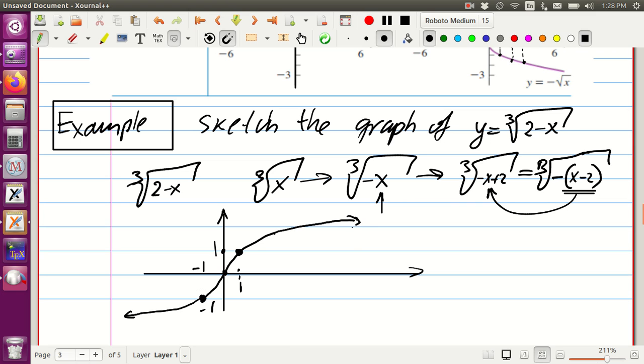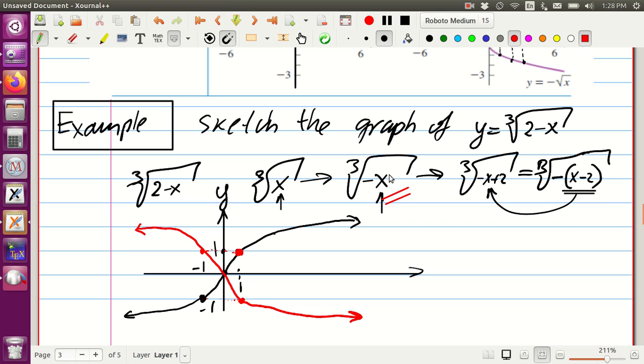So what we're going to do, we're going to substitute x by negative x. That means it's a reflection with respect to the y-axis. So for this, we're going to use the red color. So this point goes as a mirror image to the left, and this point goes as a mirror image to the right. So we have the same kind of graph, which is reflected across the y-axis.